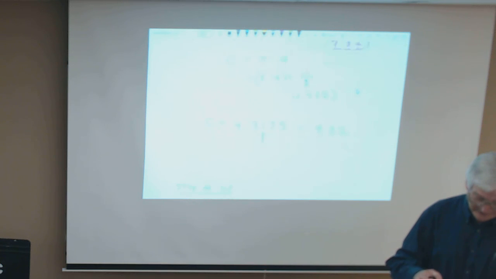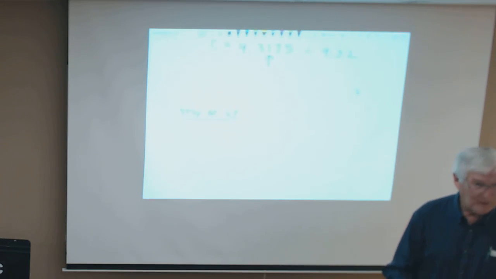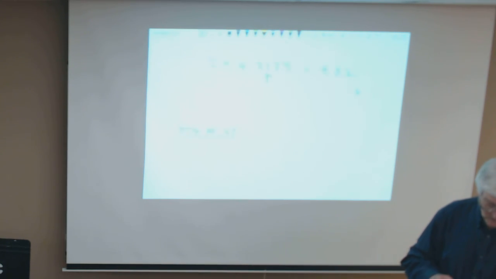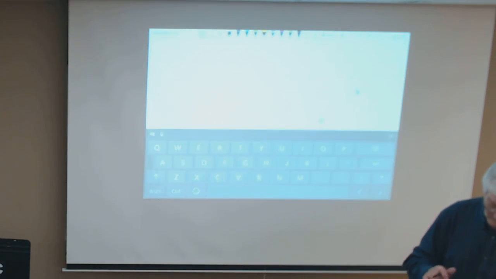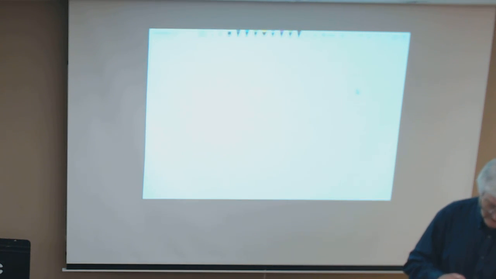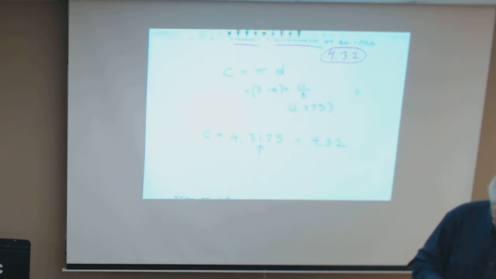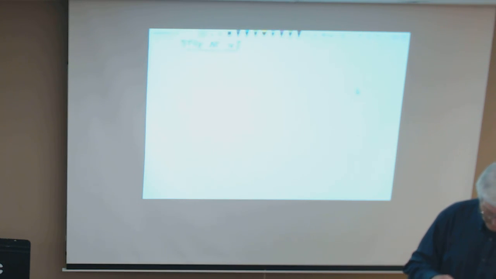Yeah, that's what I did down here. Why did I do that? Stop when you get to 67. That's your last problem. What did I do? Oh, 66. No, I didn't do 68.